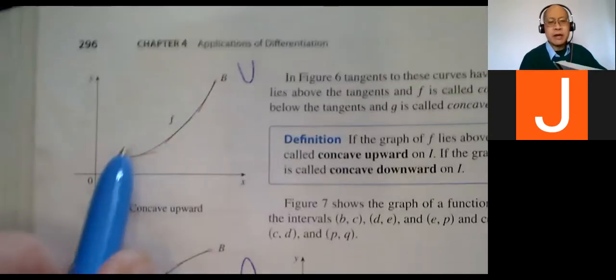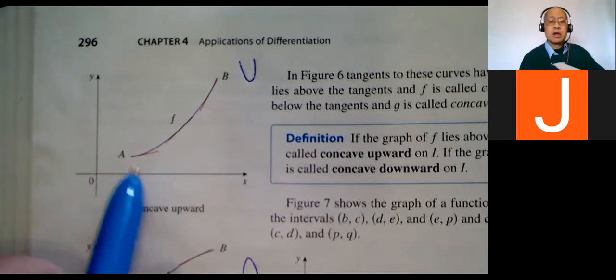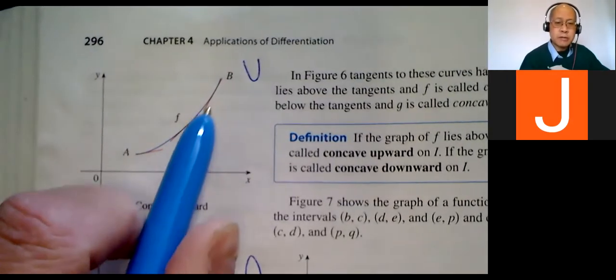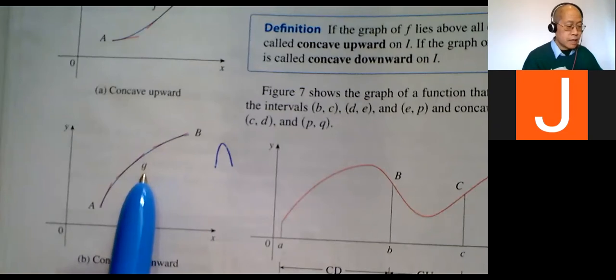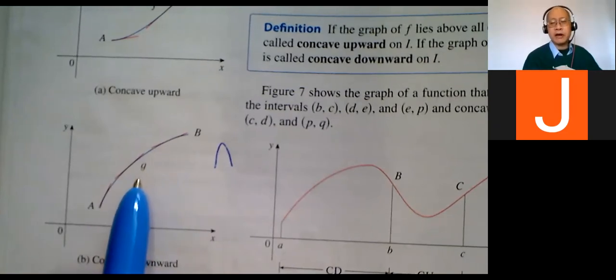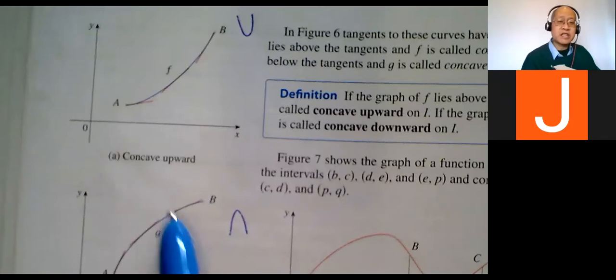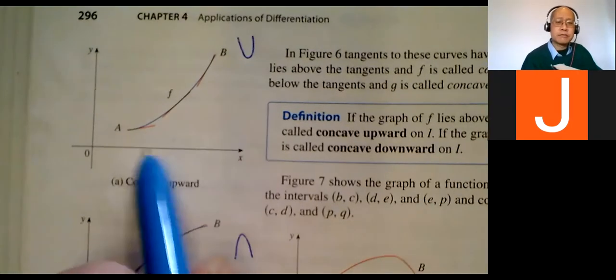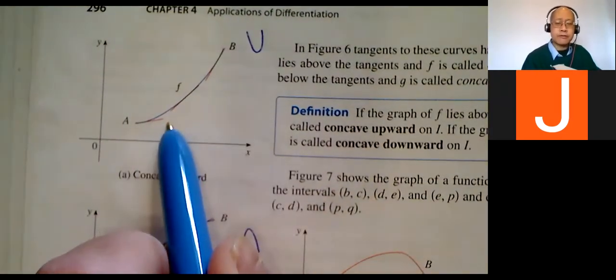What's happening here is, first notice a characteristic. They're trying to draw you some tangent lines here and some tangent lines here. Now you can put this down on your cheat sheet or not. I don't think you have to, but it's just an observation. What's true about the tangent lines here, concave up? Tangent line, tangent line, tangent line. They seem to be below the graph.